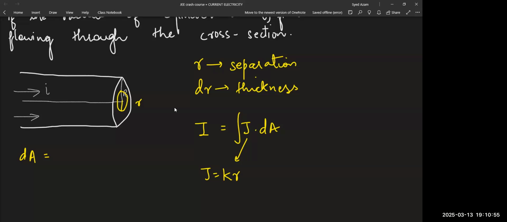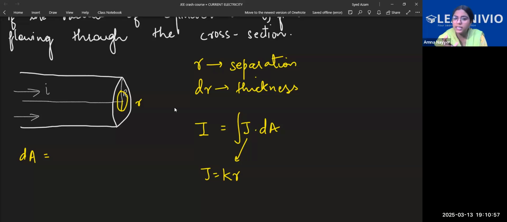So when you have to calculate the area, remember what you do, for a cylinder, you take the circumference and multiply it with the thickness. Suppose this is the circumference of a circle and this much is the thickness of it. When I multiply, I'll get the area. If you have to calculate the volume, you take the area and multiply it with thickness.